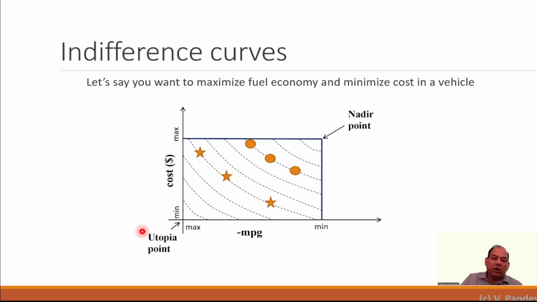And cost, people already want to minimize, so the minimum value happens here, and then this becomes the utopia point, which makes this the nadir point, the point where all attributes are at the worst possible level simultaneously. In this case, we only have two attributes, so it's easy to see visually, but the same concept can be extended to a larger number of dimensions. Of course, things become difficult both from an interpretation standpoint, but also for the mathematical models that will model that kind of trade-off behavior.